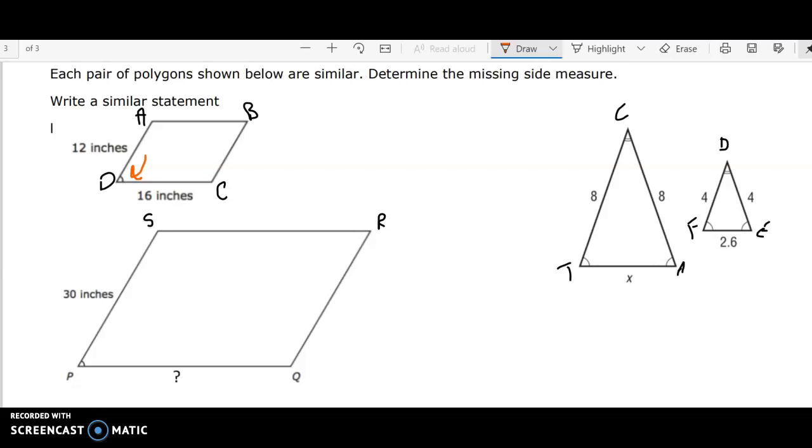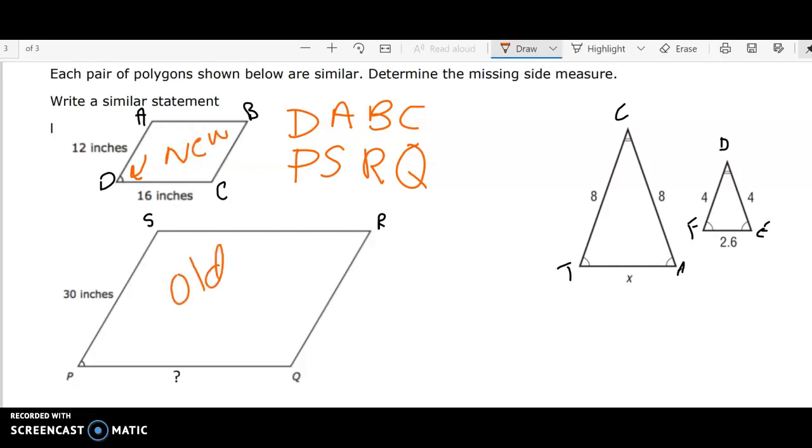So I know that D corresponds to P. Okay, so I'm going to go D, A, B, C, P, S, R, Q. Like I said, it doesn't matter. Just get in the habit of, if they don't tell you who's new and who's old, it doesn't matter who you label. And so I'm going to do new over old.